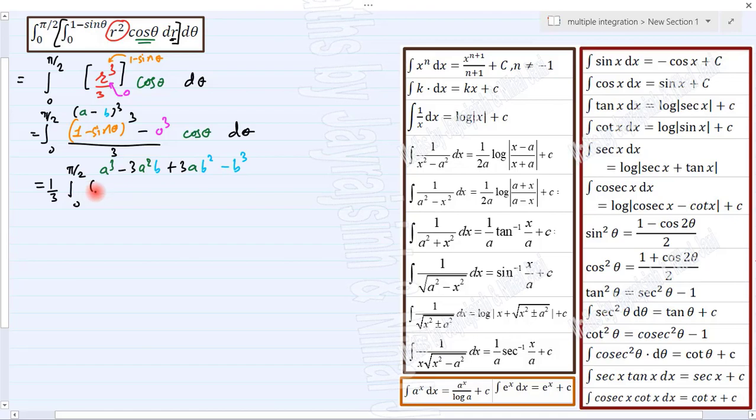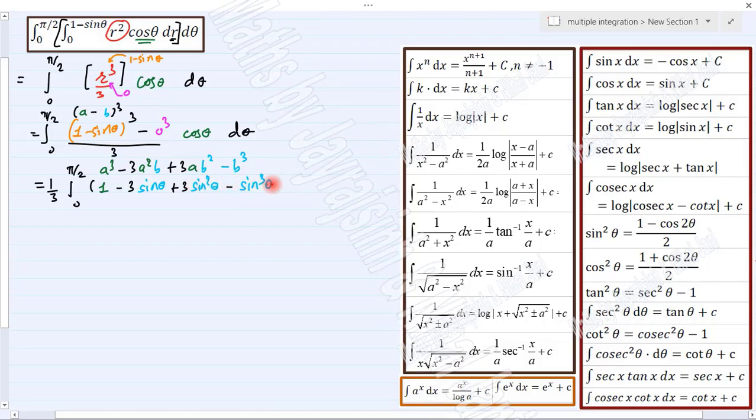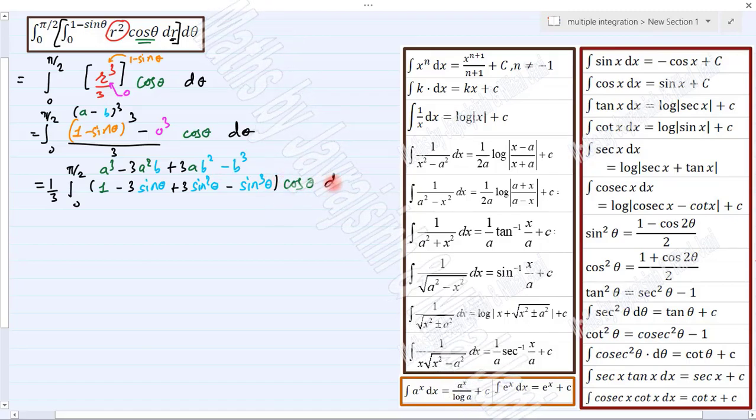So it will be 1 cube minus 3 into 1 square sin theta plus 3 into 1 into sin square theta minus sin cube theta, into your cos theta, which will be as it is.